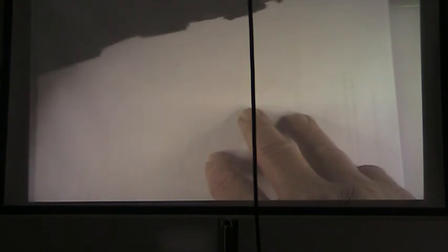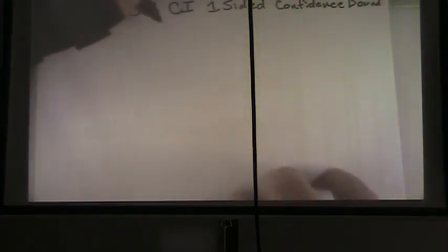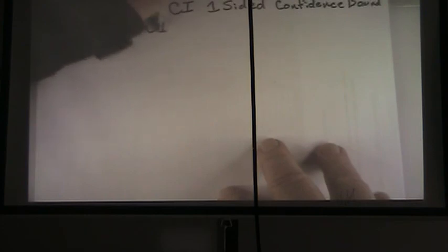95% confidence interval, but with a one-sided confidence bound. We know our formula is confidence interval percentage equals 100 times 1 minus alpha percent.